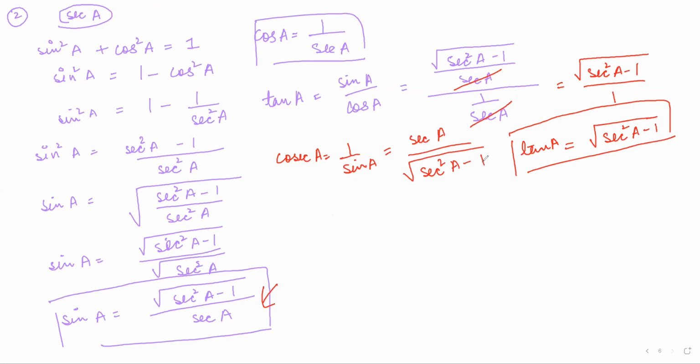And sec A you don't have to find, because sec A is sec A. Next is cot of A. Cot of A is the inverse of tan A, 1 upon tan A. You have already found tan, so take its inverse. It becomes 1 upon the square root of sec square A minus 1. That is your cot A.